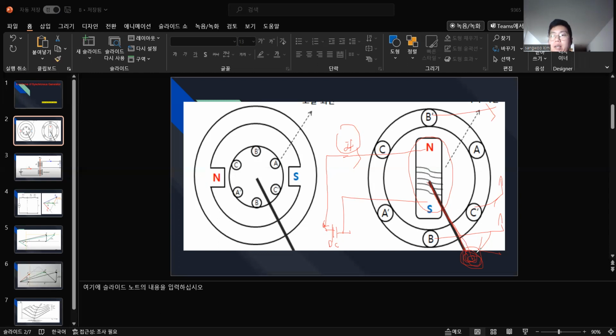In lectures they generally explain it this way because it's easier to understand. We saw this many times, but in the field we actually use a revolving field type.